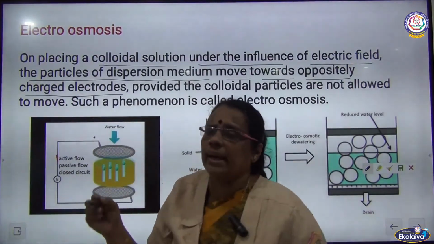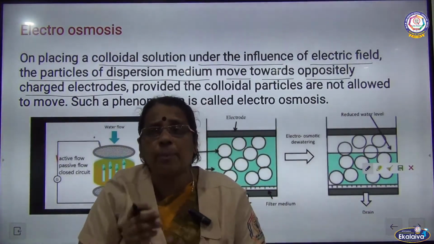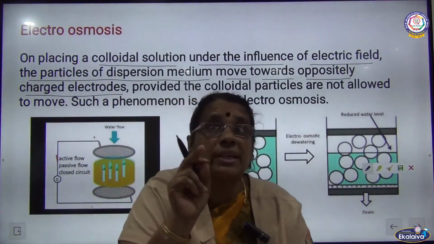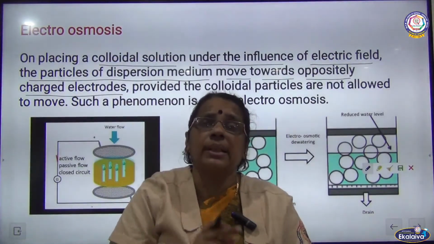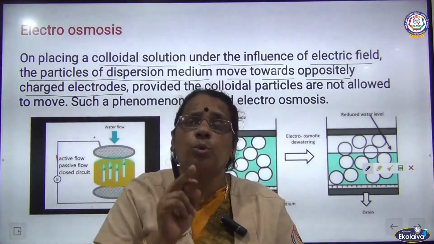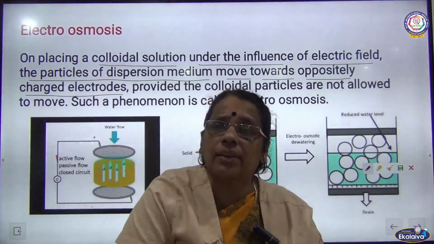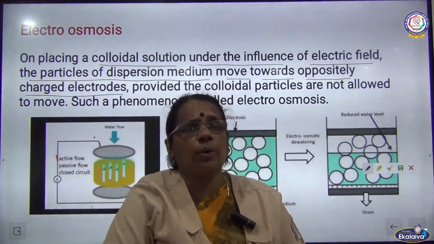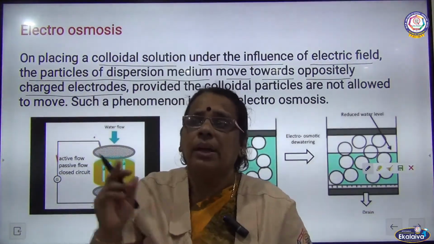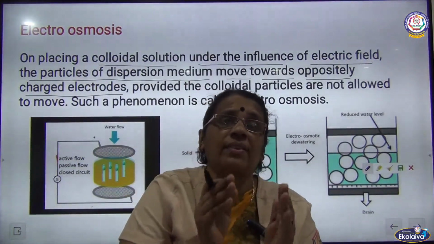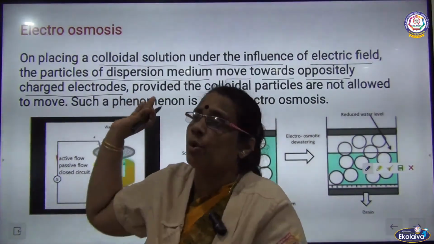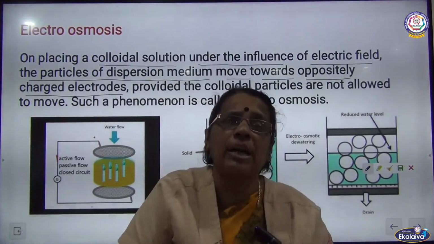In the previous case, the colloidal particles, the particles in the dispersed phase, started to move towards the oppositely charged electrode. Here in this slide, we are going to see a different concept. Here the dispersed phase is stationary. What is moving here? Actually the dispersion medium is moving.